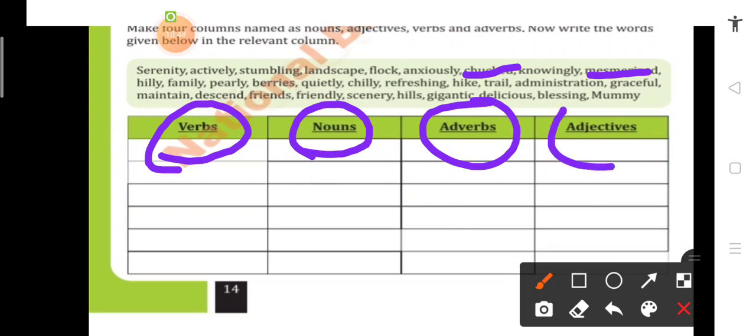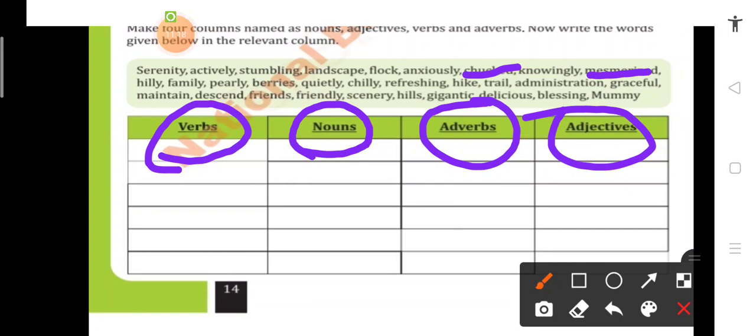And the last one is adjectives. Okay, so adjectives, they basically describe nouns. तो नाउन को मज़ीद एक्सप्लेन करते हैं कि एक नाउन किस तरह का है, ब्यूटीफुल है या जैसा भी है, उसकी सारी की सारी जो क्वालिटीज़ हैं, बैड क्वालिटीज़, गुड क्वालिटीज़, so these all are called adjectives, right? So you will write adjectives here like gigantic, okay?